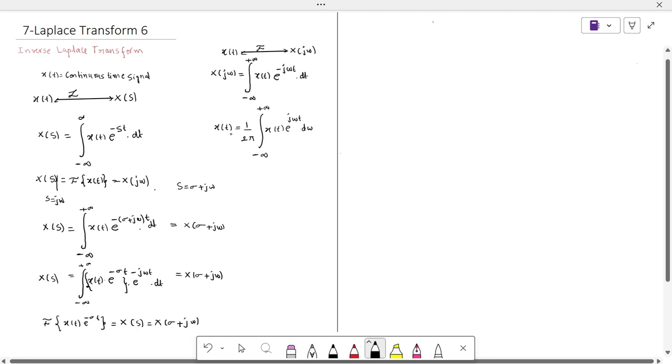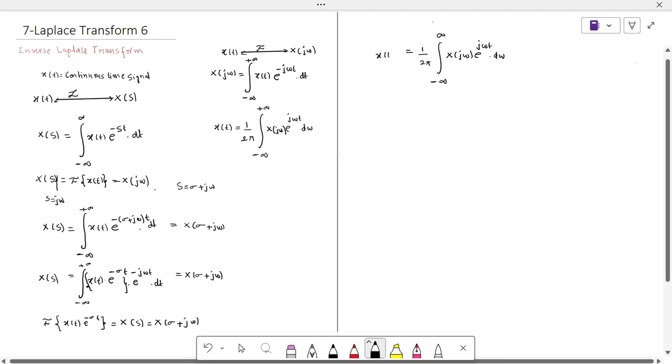So what is the inverse Fourier transform? This is time domain. So this is 1 by 2 pi integral from minus infinity to plus infinity of capital X of j omega into e power j omega t into d omega.